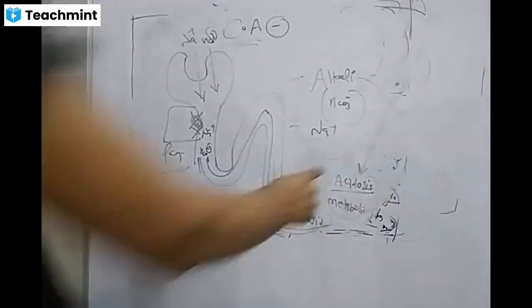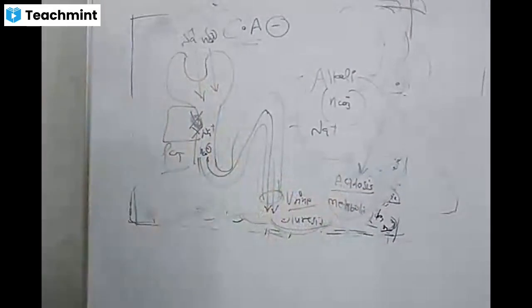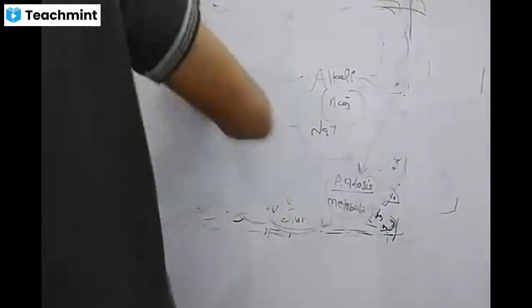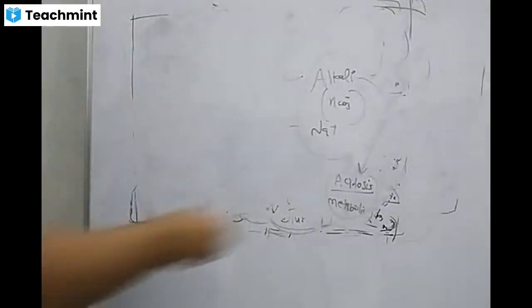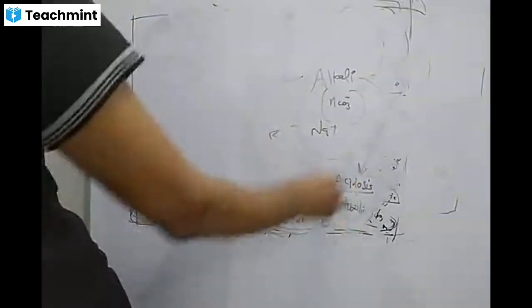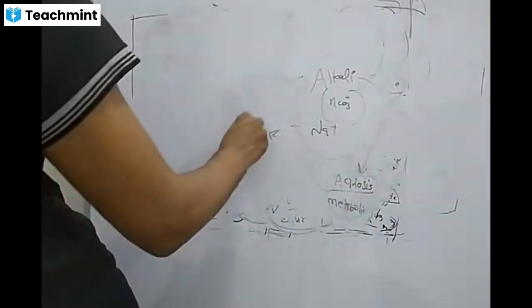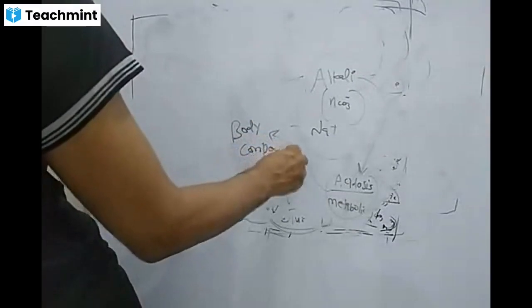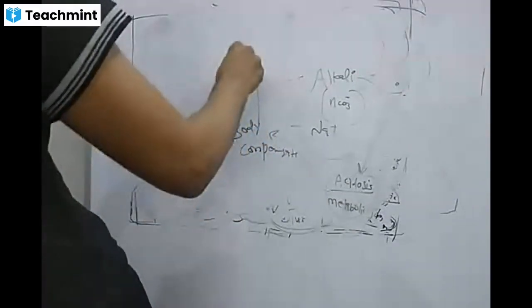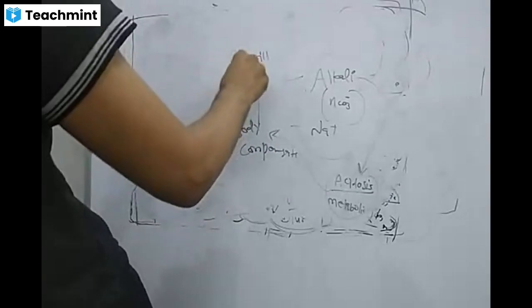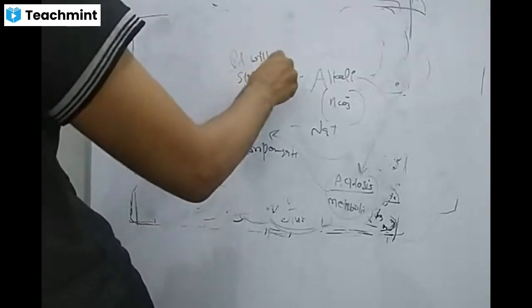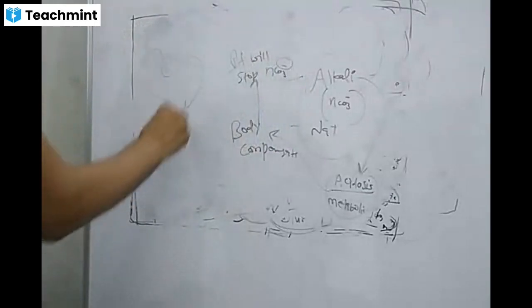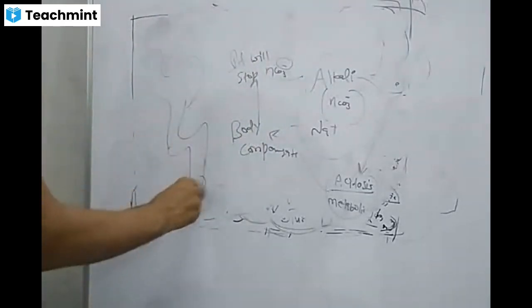To compensate for this loss of alkali, because of this metabolic acidosis, the body will compensate. It will stop bicarb filtration.